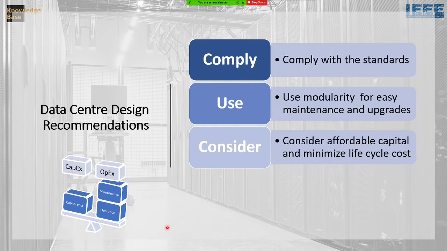And in a data center, this is more critical, because you would think that your capital cost is the biggest cost, but if you design your data center in a non-efficient way, you will find out that your operation cost is the biggest portion of your capital investment.